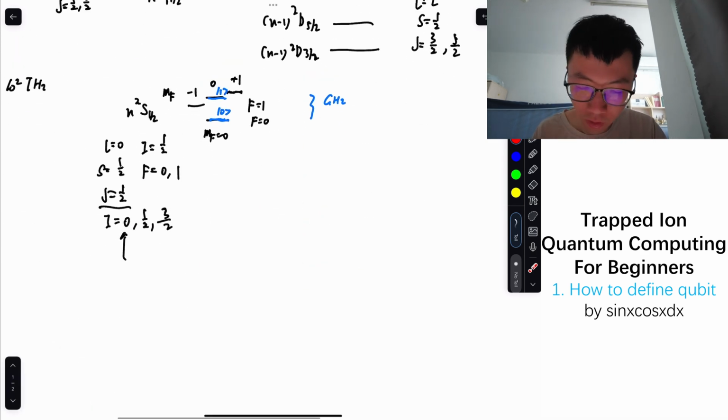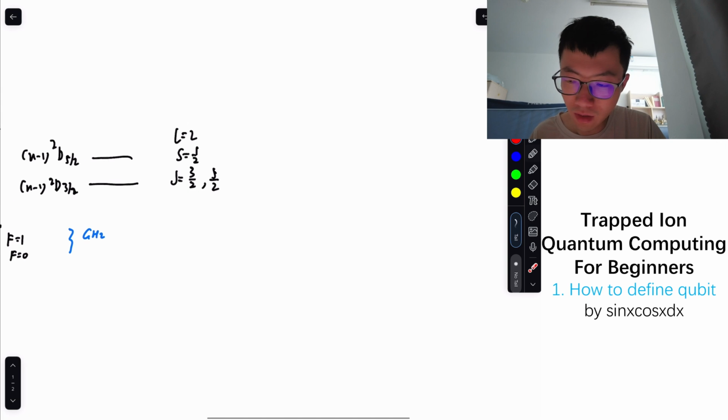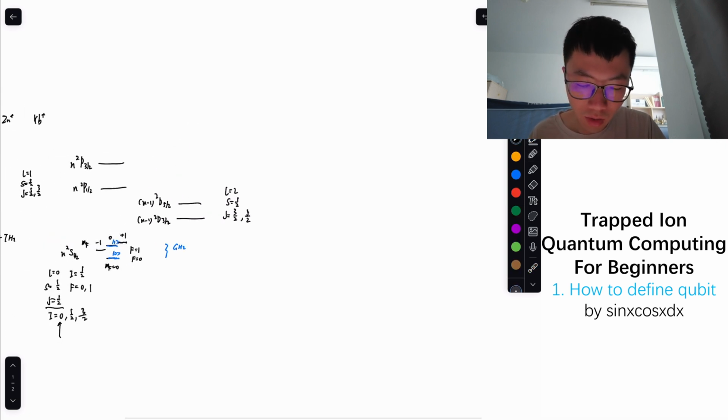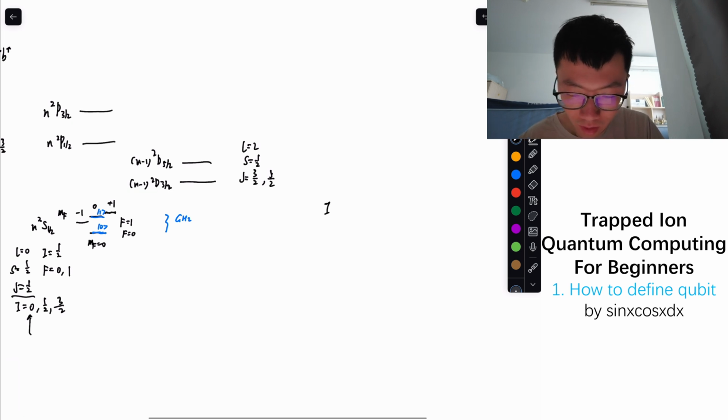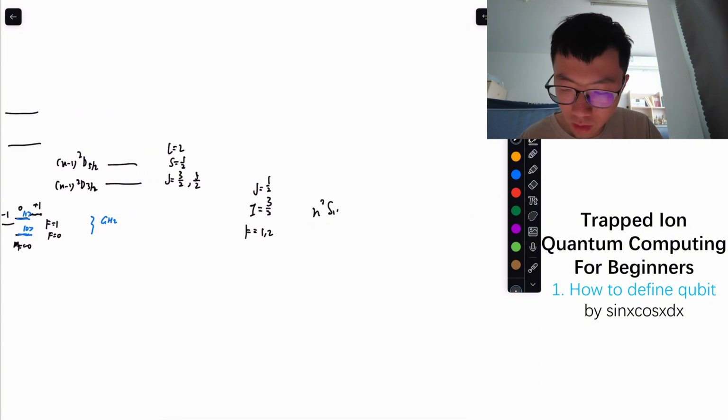This is for the isotopes which have I equals 1/2. If I equals 3/2, it's harder. It's a more difficult situation, you understand? Because if I equals 3/2, J equals 1/2, and F equals 1 and 2. So for this state, it could be much more complicated, you know.